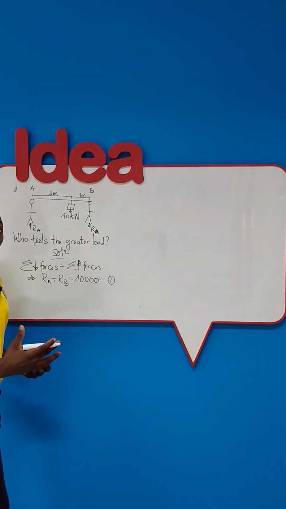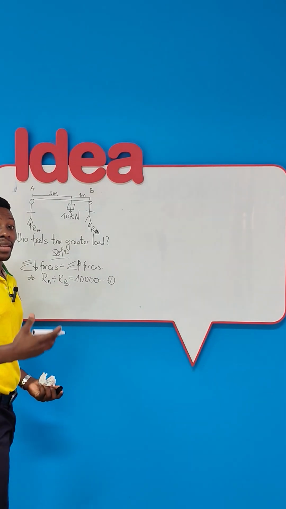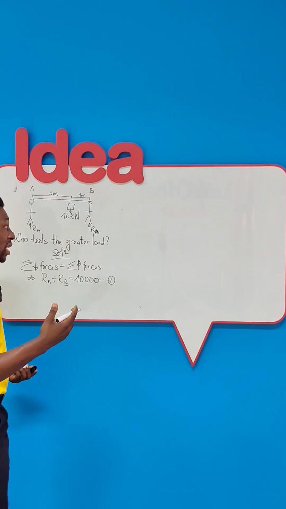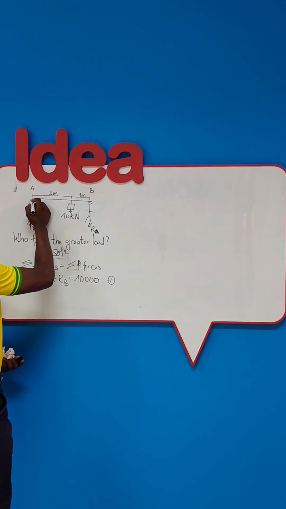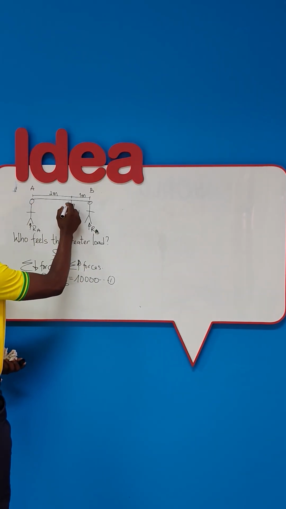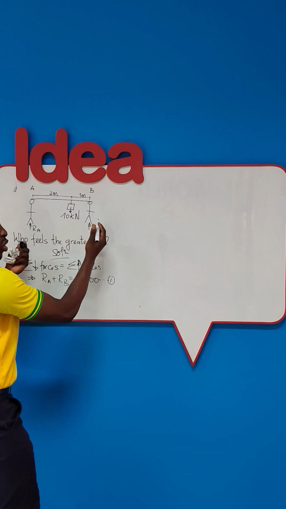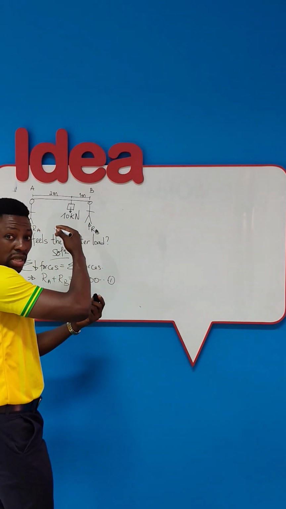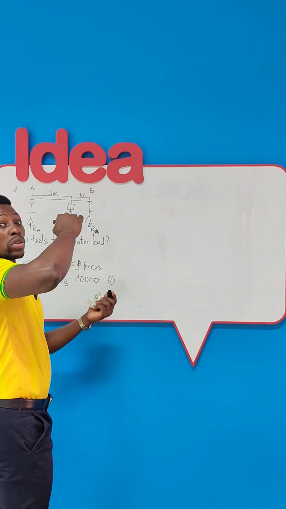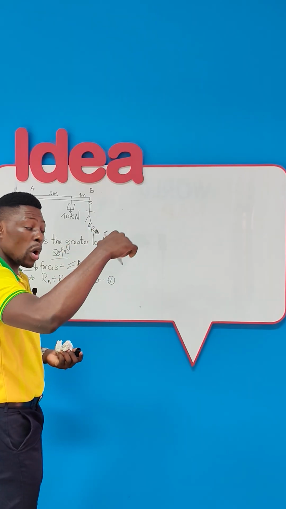Now the second implication of the law of moments is that if you take the moments of this object about any point, the sum of all the anti-clockwise moments about that point has to be equal to the sum of the clockwise moments about the same point.